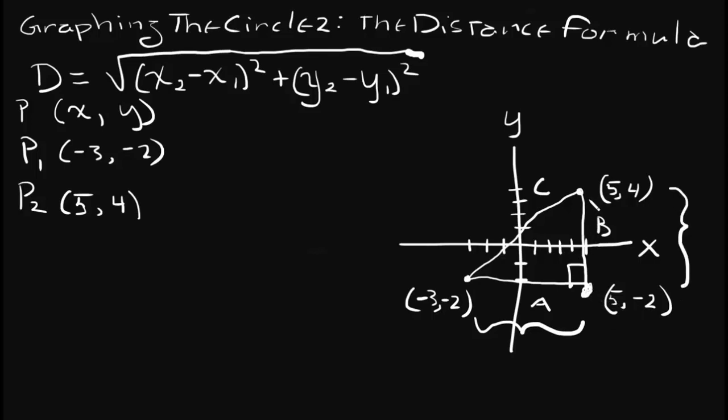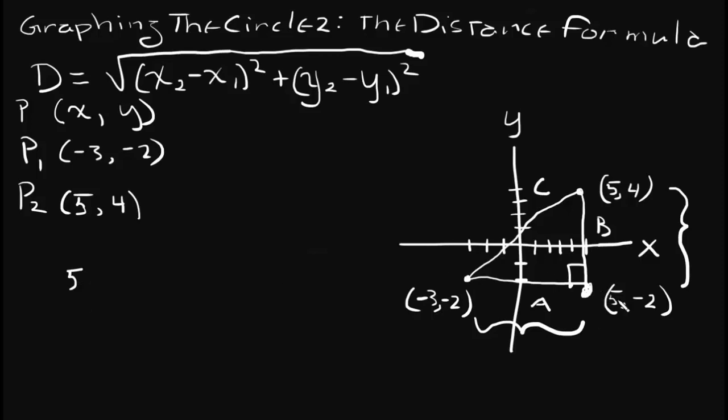Now the distance on the b side is the y height. It's parallel to the y-axis. The distance on the a side of our triangle is, in terms of x, it's parallel to the x-axis. So x2, the second x point, the further one over here would be 5.